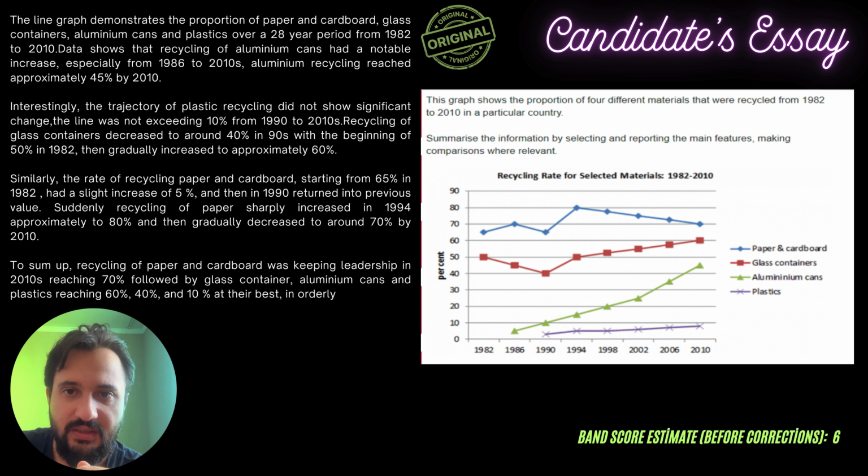Recycling of glass containers decreased to around 40% in 90s, with the beginning of 50% in 1982, then gradually increased to approximately 60%.